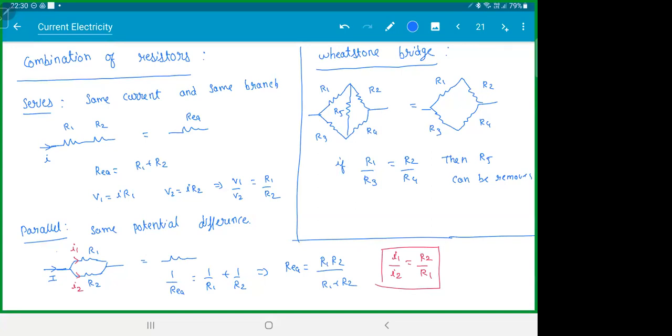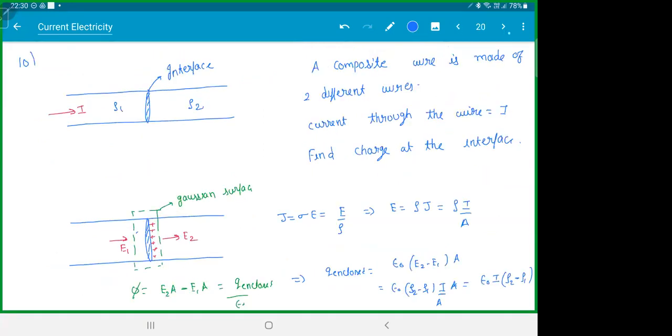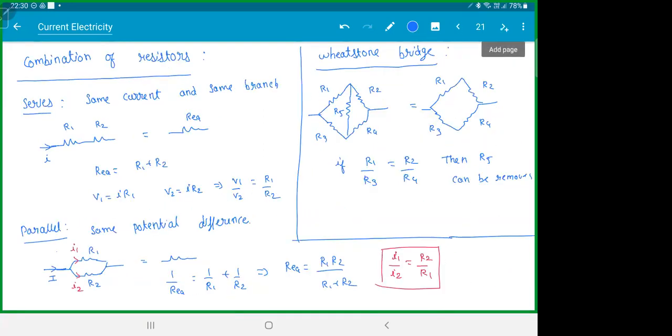Let's see some questions. Questions will be quite similar to heat transfer, a bit of them. Let's say a question. I hope this page was clear. Standard thing.